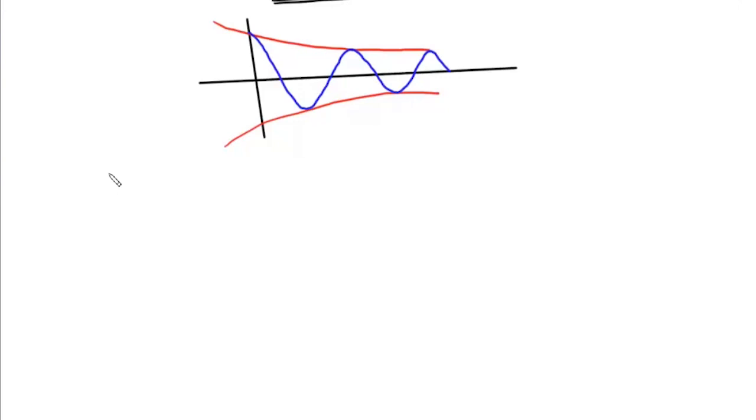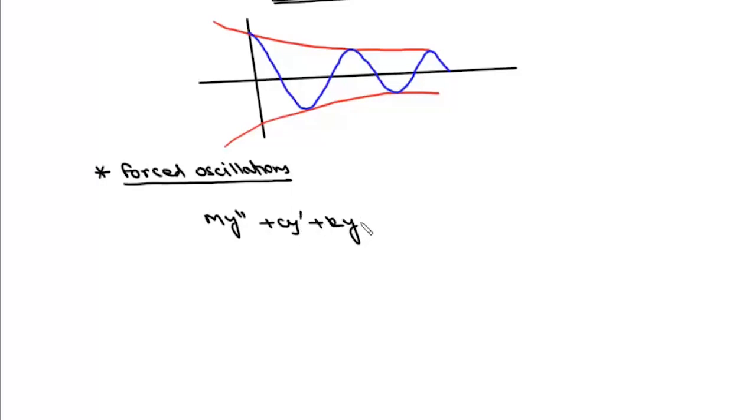Now there is one more condition possible in oscillations, and that is forced oscillations. In forced oscillations, we'll have m y double dash plus c y dash as damping input and plus ky as spring force, and it will be equal to this r(t), where r(t) is called the input or driving force.